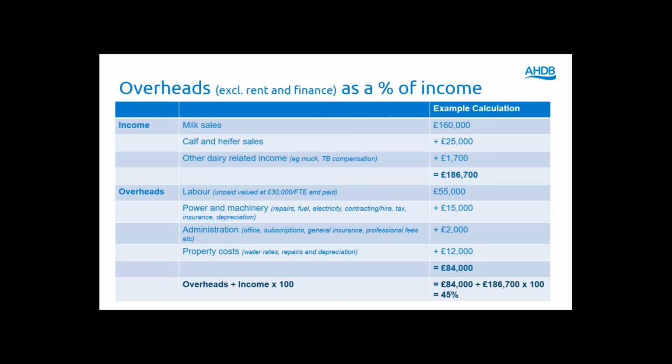That suggests that they tend to be more family farms rather than using employed labour or employed herd managers, for example. But when you look at the time they spend per cow, they spend a lot more time per cow than the top 25% would. So labour is probably the biggest, closely followed by power and machinery.